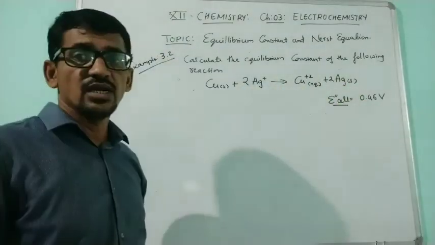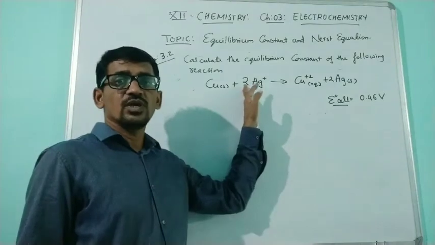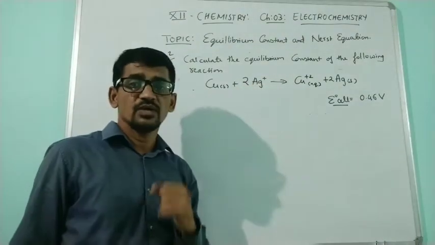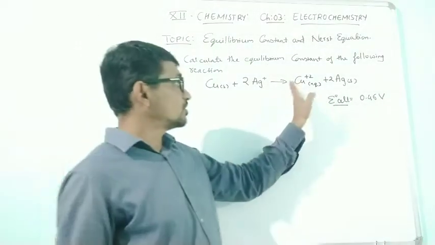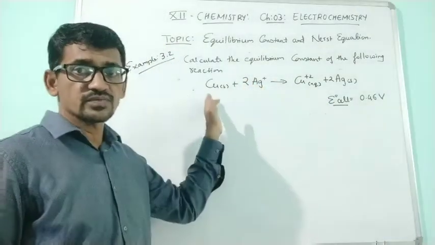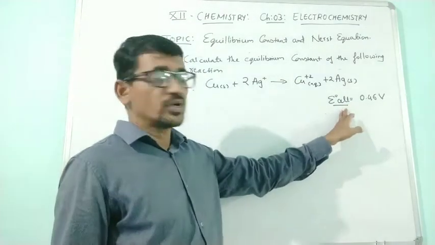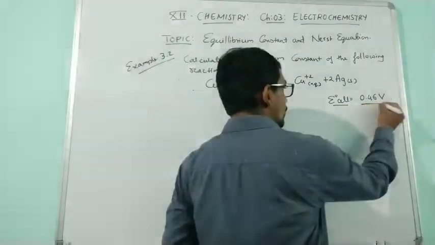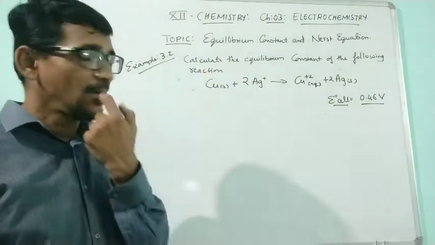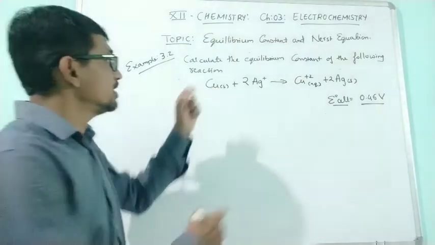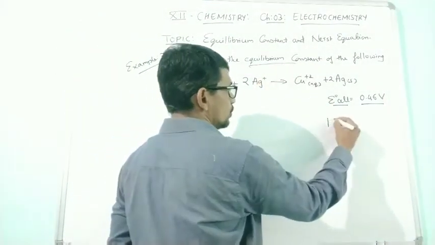If you balance the electrons, then 2 electrons will come: in Ag 1 electron, in copper 2 electrons. So this Ag half cell you have to multiply with 2. For these two half cells, copper and silver, the standard cell potential is given, that is 0.46. Okay, from this we will find the equilibrium constant. So K you have to find.